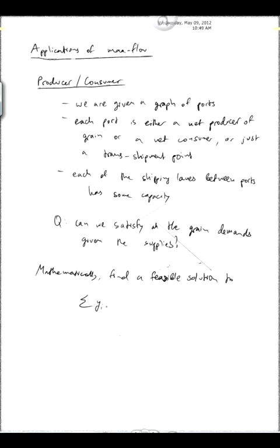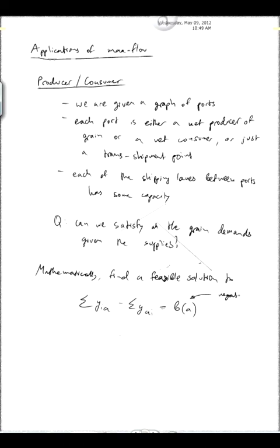So for each node, we're going to have the number of ships coming into the node minus the number of ships going out of the node. And that's going to be equal to this value that basically tells us whether the port is a producer, consumer, or a transshipment point.